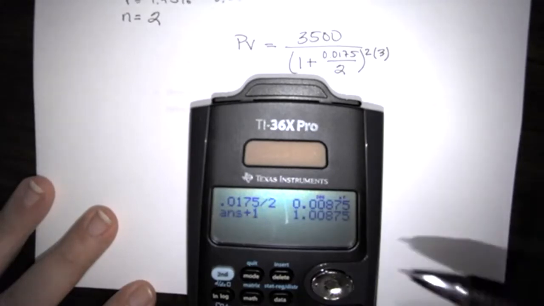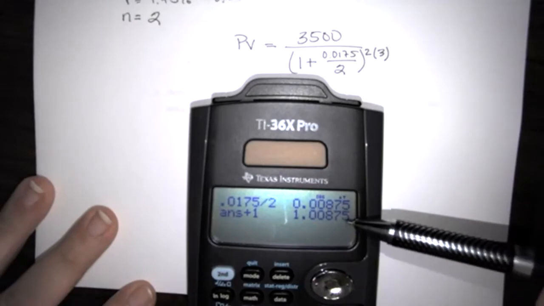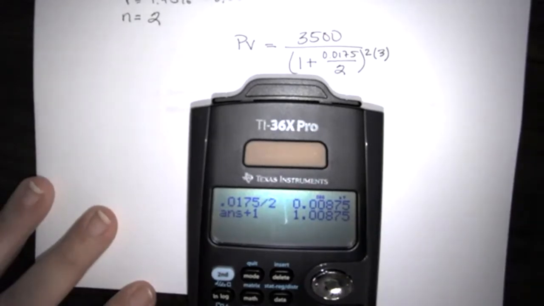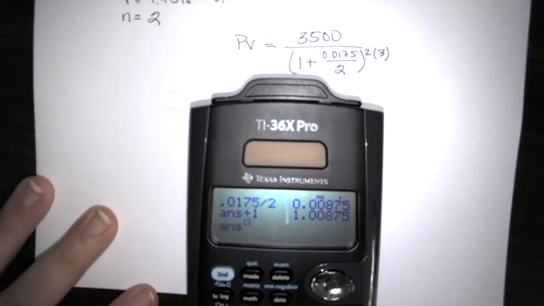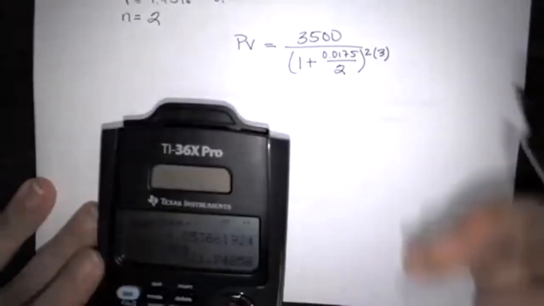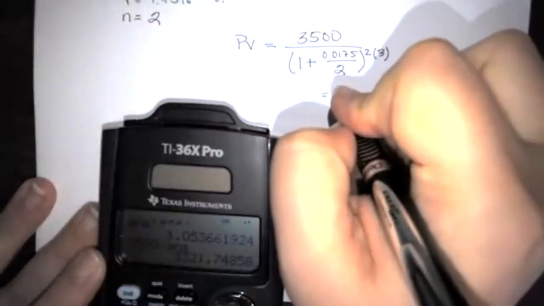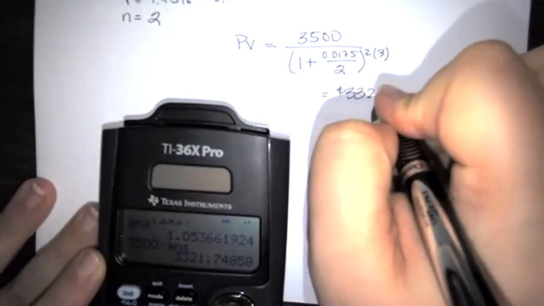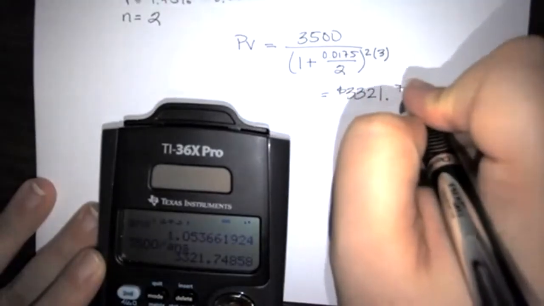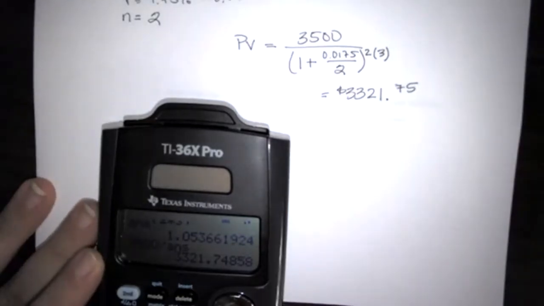Remember, as long as you don't clear anything out, the last solution your calculator has will be housed as your current answer. And then we have to raise that to the 2 times 3 and hit enter. And now we're going to take that 3,500 and divide it by that answer we saved, which says that we need a present value of $3,321.75.